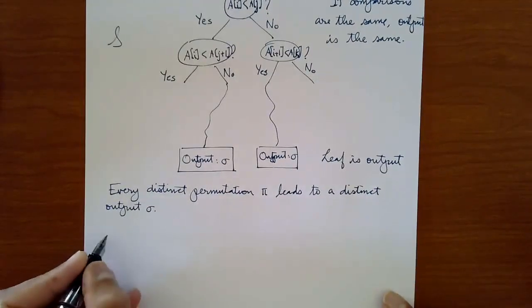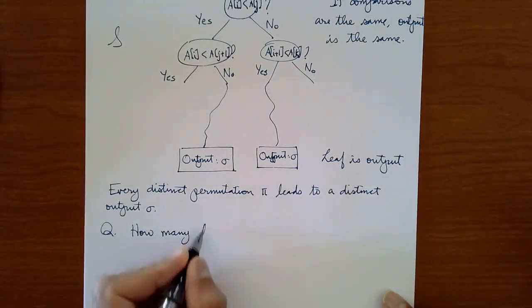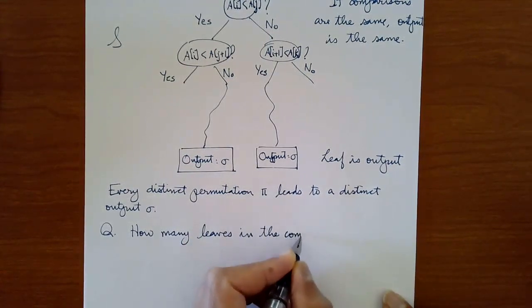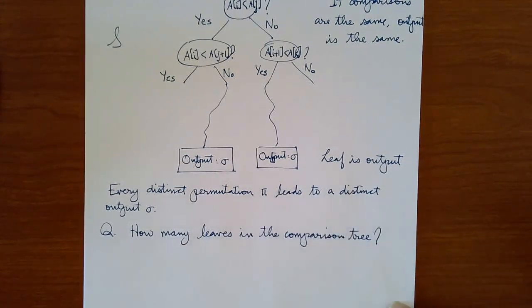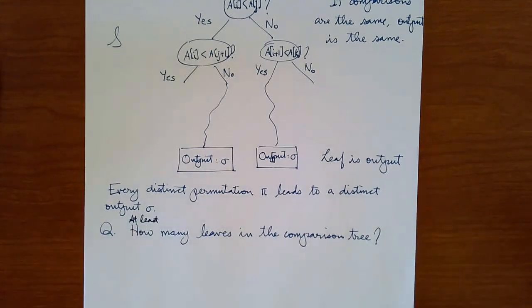Okay, now here's the question. How many leaves are there in the comparison tree? At least, I should say at least. At least how many leaves? Give me a lower bound on the number of leaves.